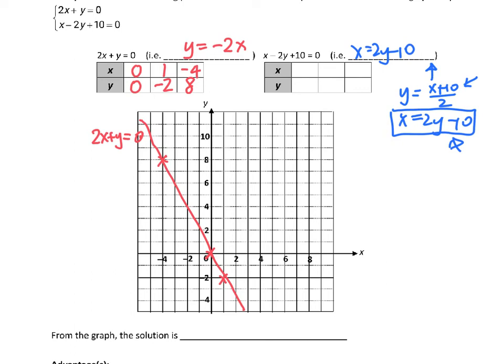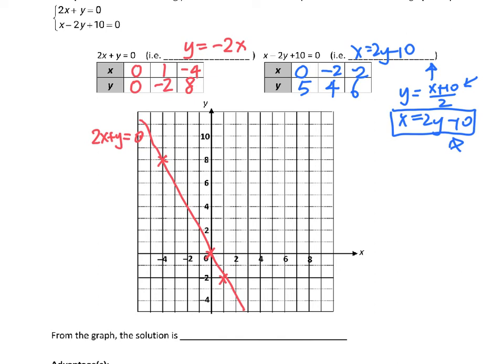So I will put, for example, y is 5. 5 times 2 is 10, so minus 10 would be 0. And then maybe 4. How about 4? 4 times 2 minus 10 would be -2. And then how about 6? 6 times 2 minus 10 would be 2.